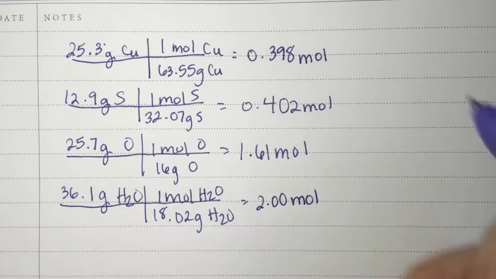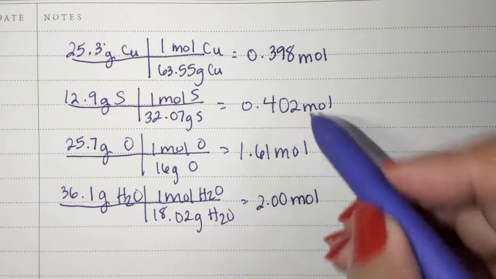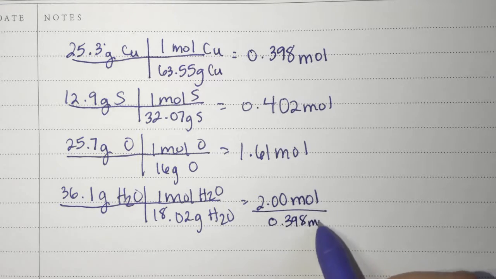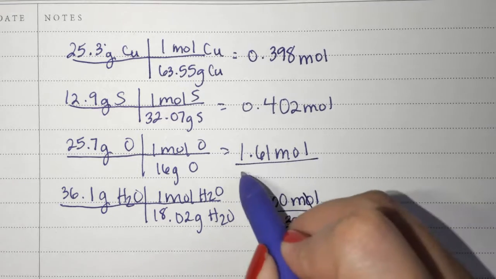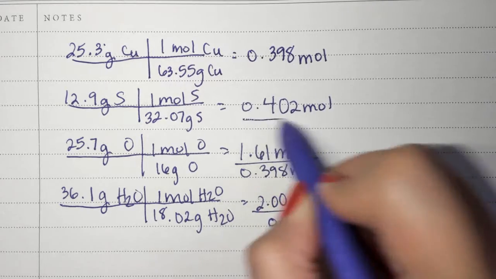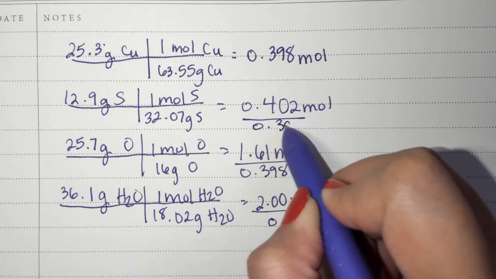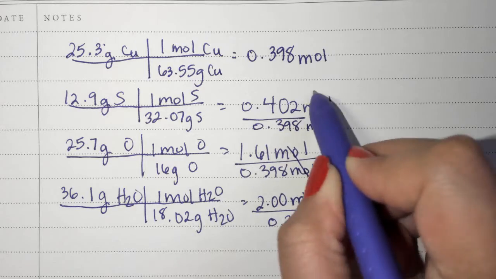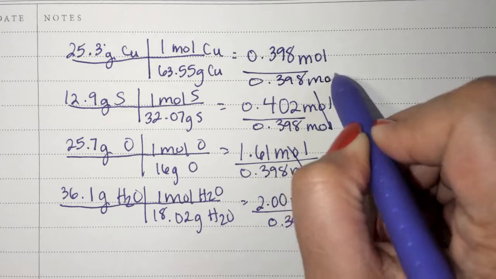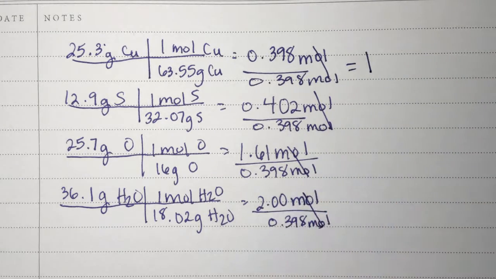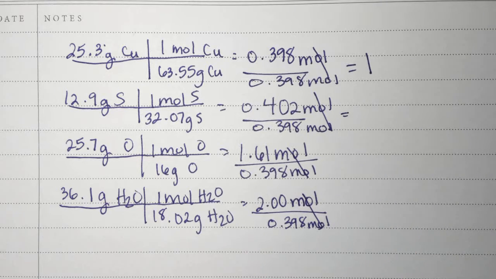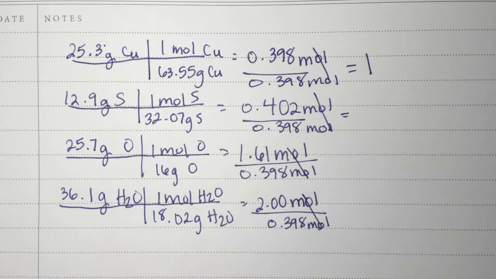And so the second step of empirical formulas is dividing it by the smallest amount, which is 0.398 moles, and moles will cancel out. Right, so we get 1 for copper, and then we also get 0.402 divided by 0.398.